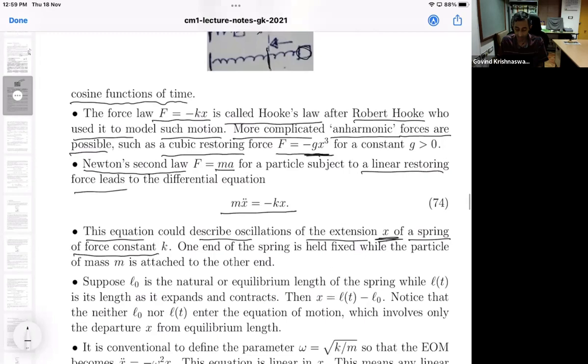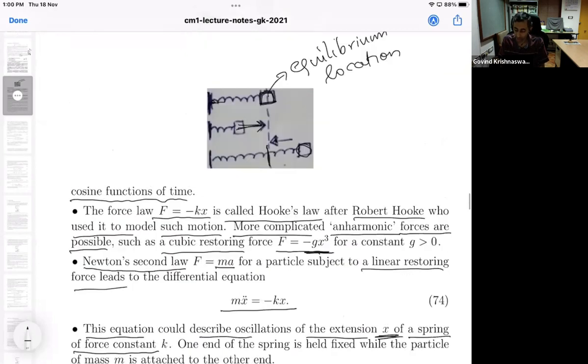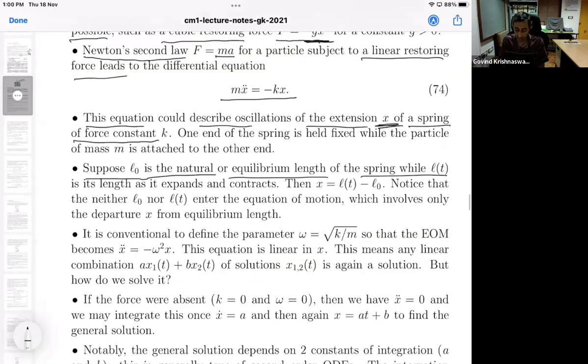Just to make it clear, the physical system we consider is, suppose L0 is the natural or equilibrium length of a spring. So this is L0. Now, when it is expanded or contracted, the length of the spring is L of t, a function of time as it expands and contracts.